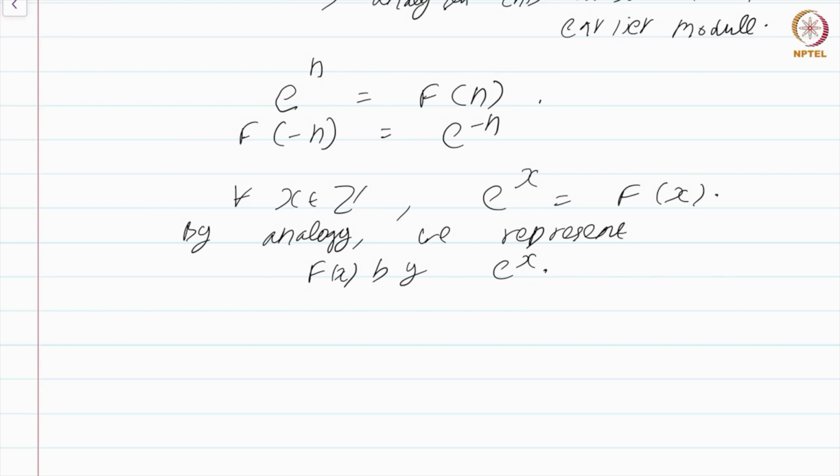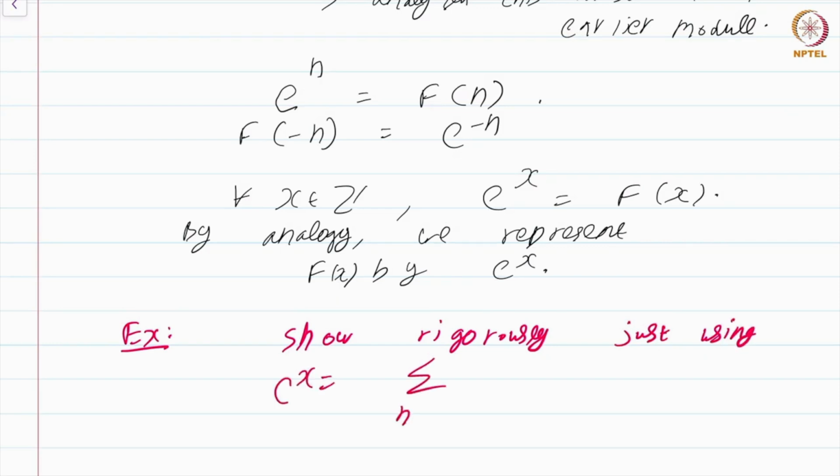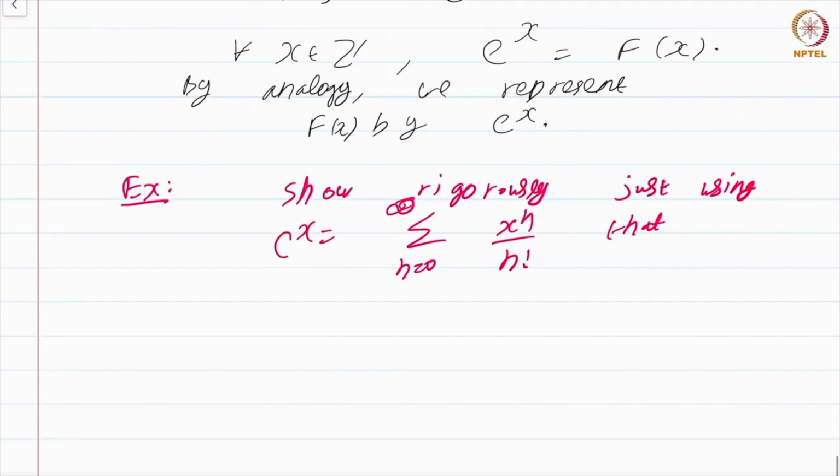Now, I'm going to leave you with an exercise. Show rigorously, just using e power x equal to the summation n equals 0 to infinity of x power n by n factorial, that the limit as x goes to infinity of e power x by x power n is equal to infinity, for each fixed n.